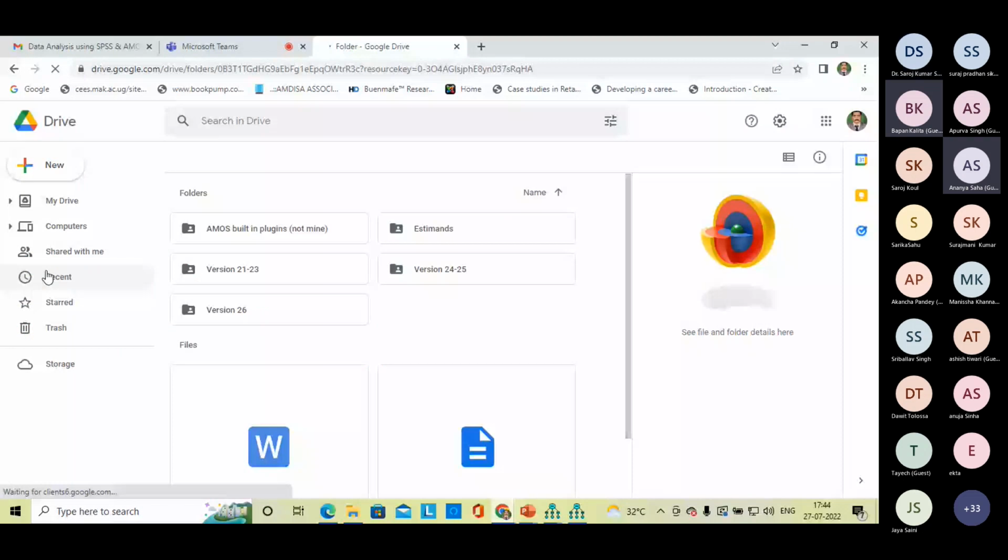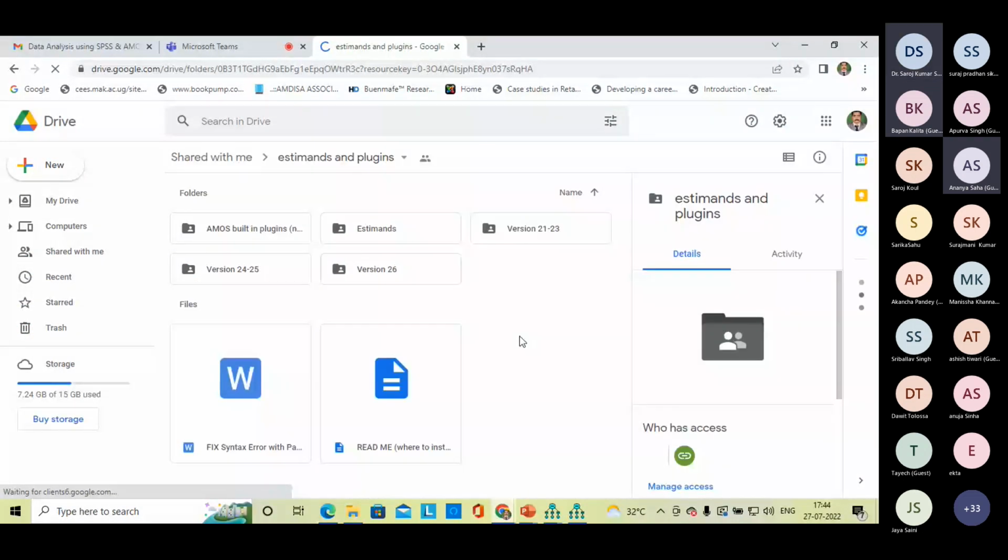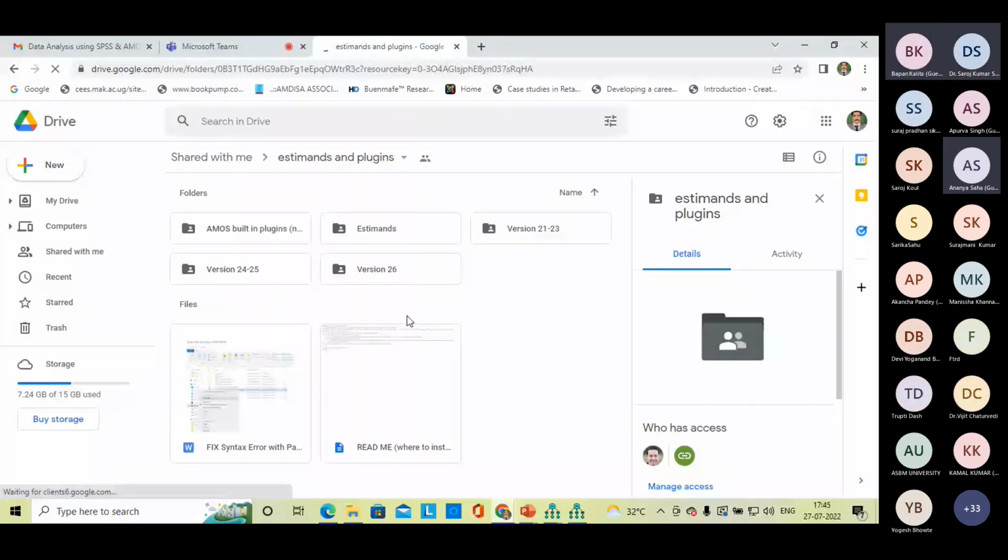Download the plugin for 26 because you are on 26. Once you download the plugin folder, you can put it there. For the sake of time, I am showing you.